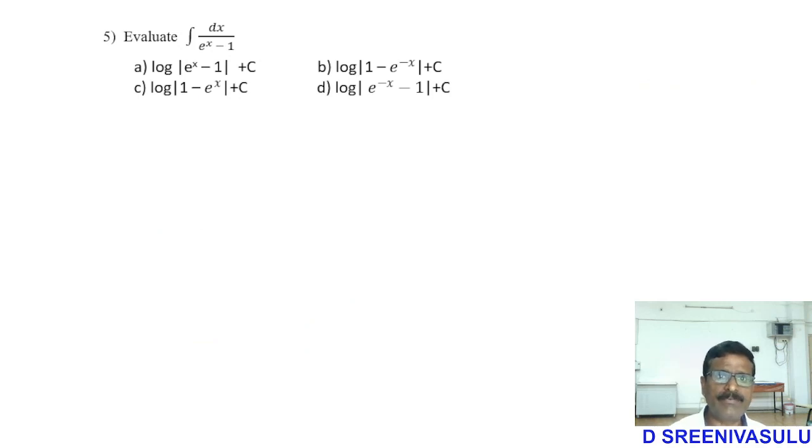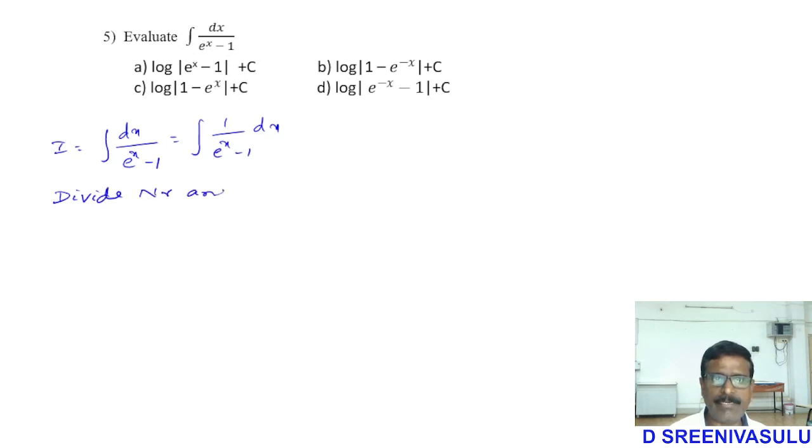Question number 5. Evaluate the integral dx by e power x minus 1. Write this as the integral of 1 by e power x minus 1 dx. Take this as I. Divide numerator and denominator by e power x.